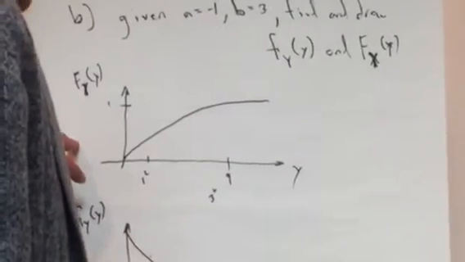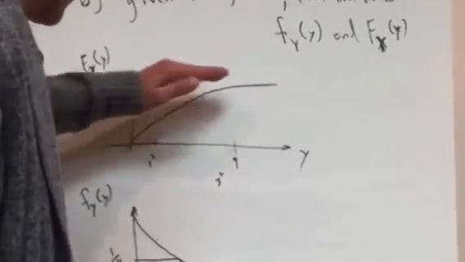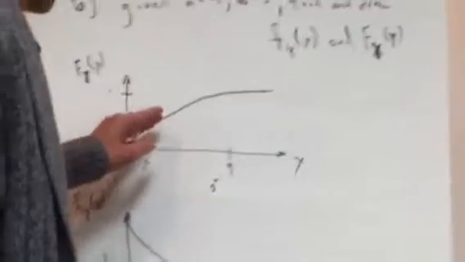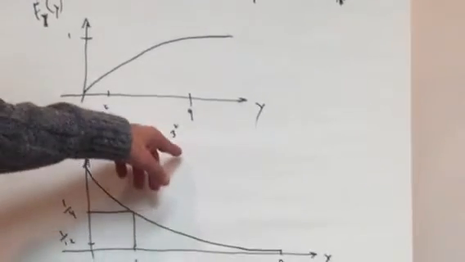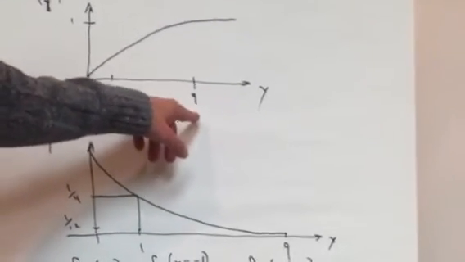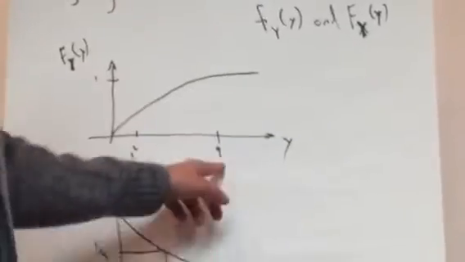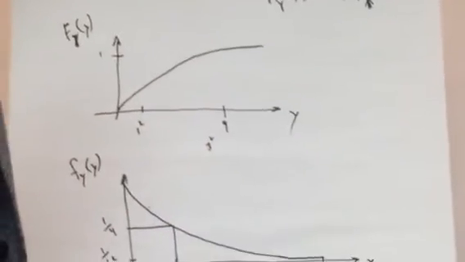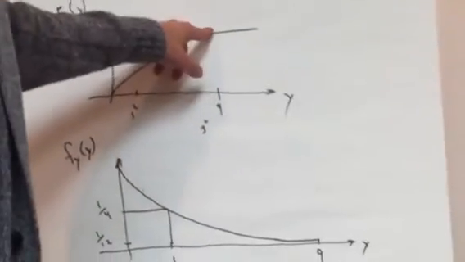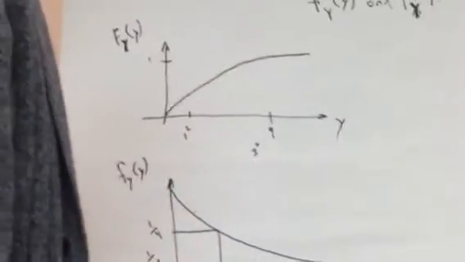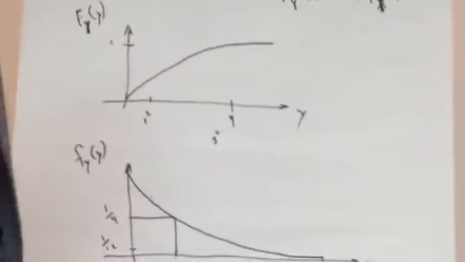So this distribution, again, is going to accumulate and rise up to a value of 1. And the range is going to be from 0 up to x squared, which is 9, the limit 3. We have 9, and at that point, we're up to our max level of 1.